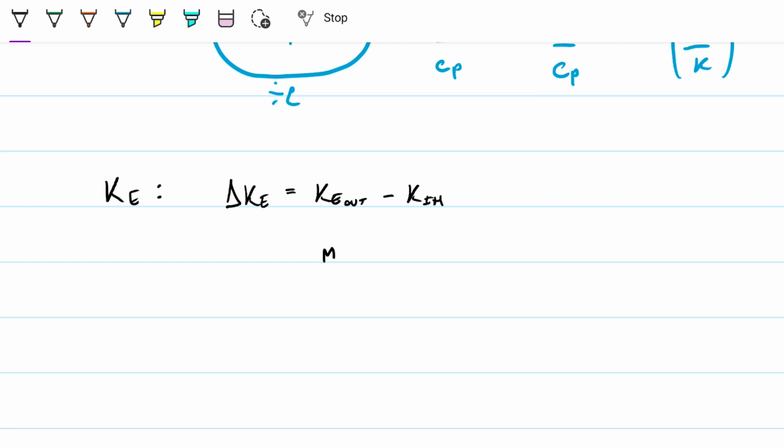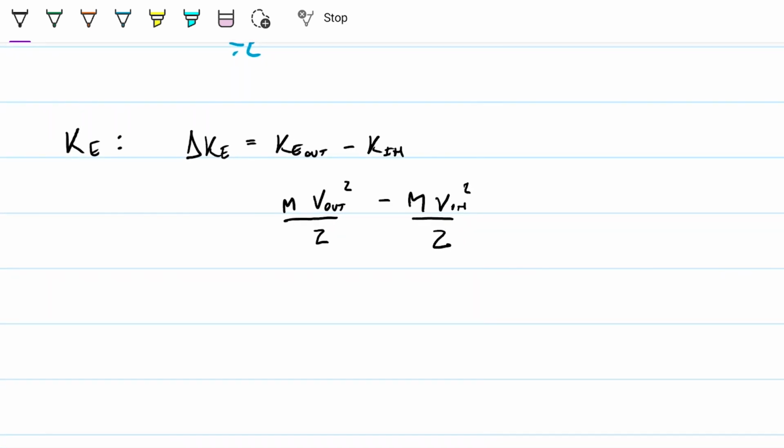That will be mass V out squared over 2 minus mass V in squared over 2. What do we know? We know the mass values. I'm going to go ahead and send the masses to the other side. I'm going to say this is delta KE over the mass, and I'm just going to have velocity squared divided by 2.